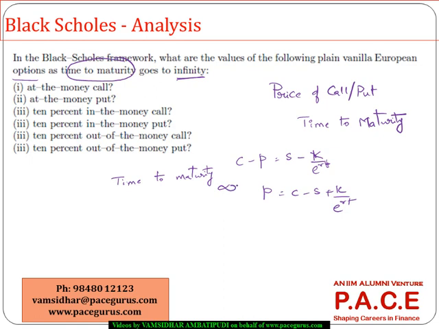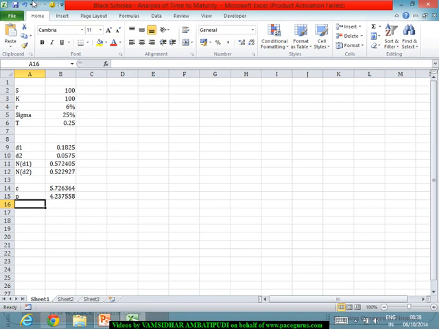But as the time to maturity goes to infinity, what is going to happen to the at-the-money call and at-the-money put? Here it is at the money only because the spot price and the strike price are more or less the same. So right now I am seeing these are the call and put.